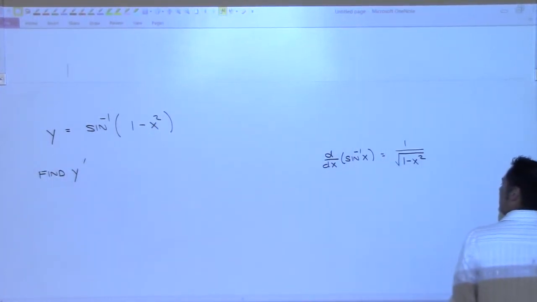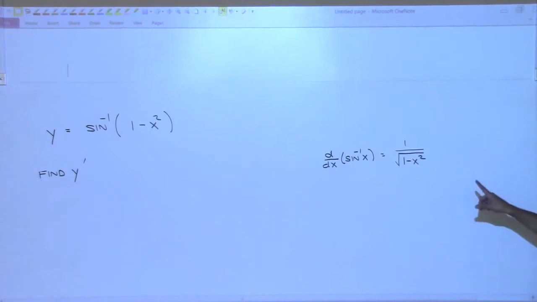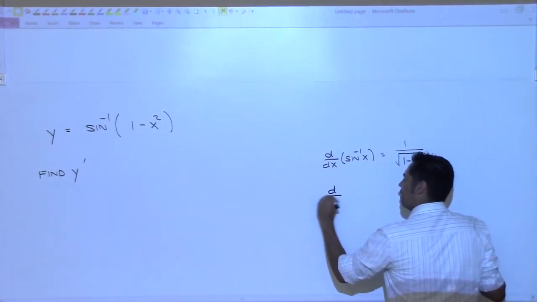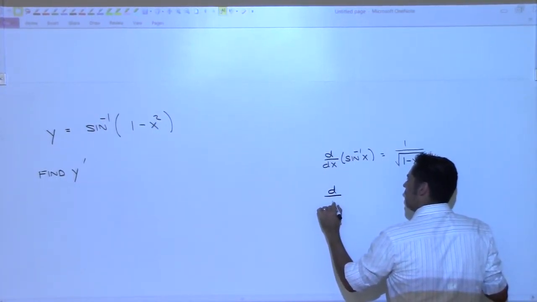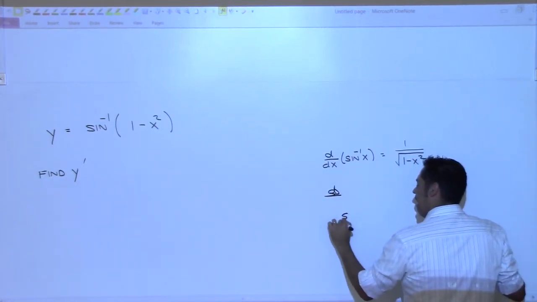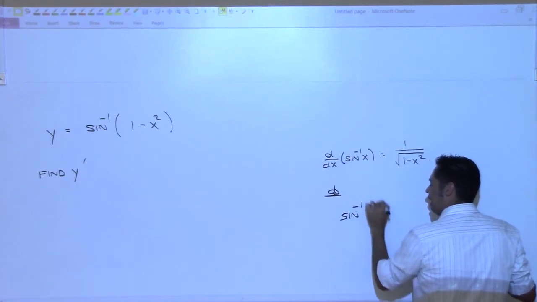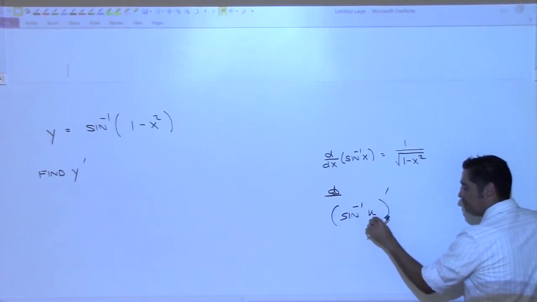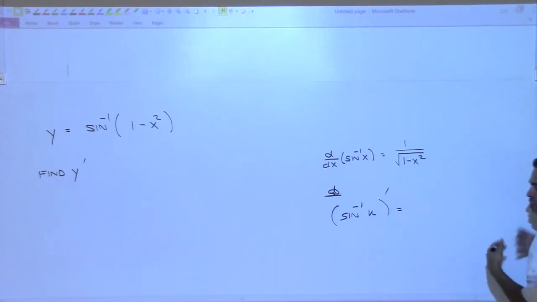All right, so this formula, the way that I want you to always remember every formula on those sheets is that really, what's happening here is that if you have arcsine of anything, let's not even talk about x anymore, just arcsine of something, the derivative of that should be what?